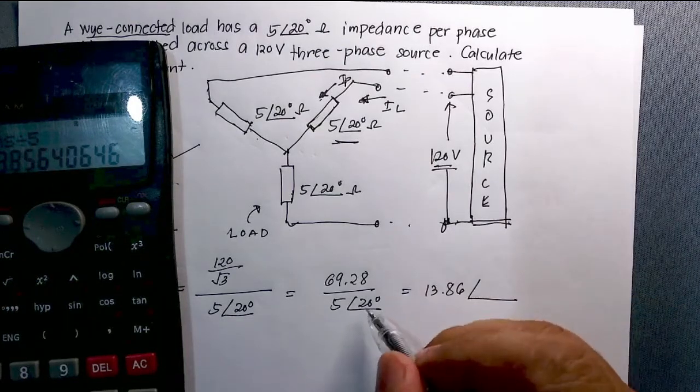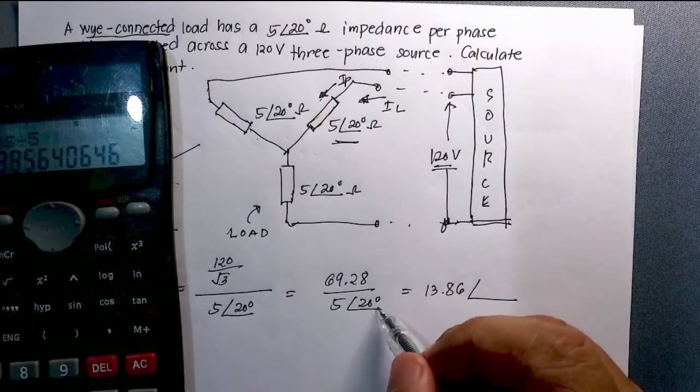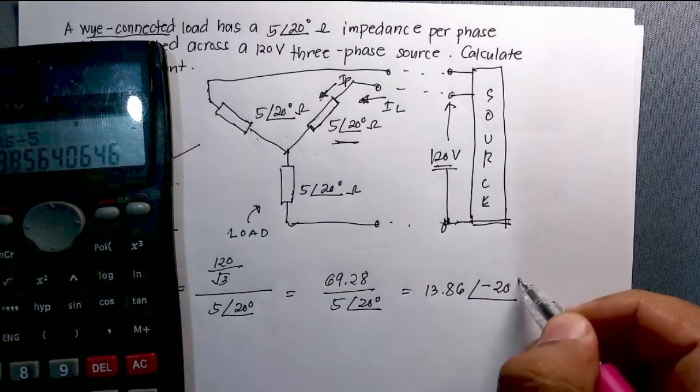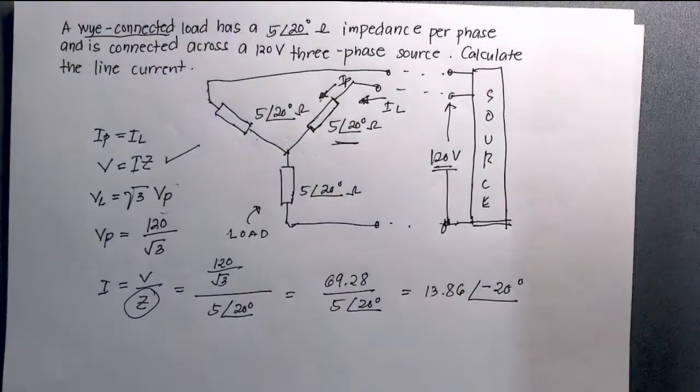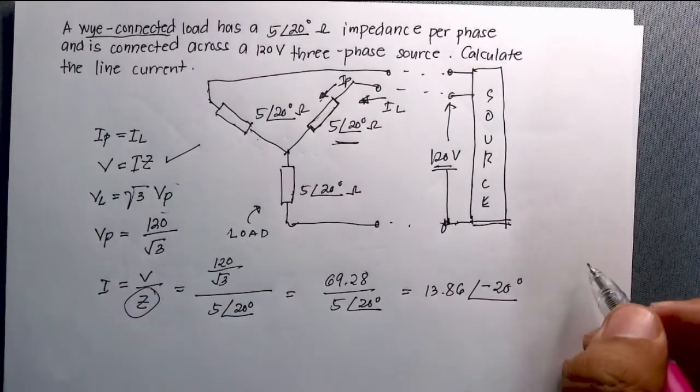We will change the location of this angle from denominator to numerator. That will give us negative 20 degree. So this will be your line current.